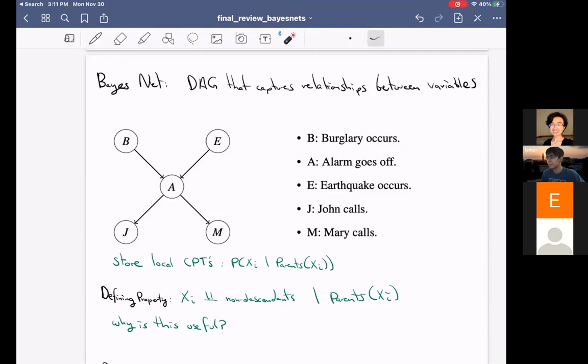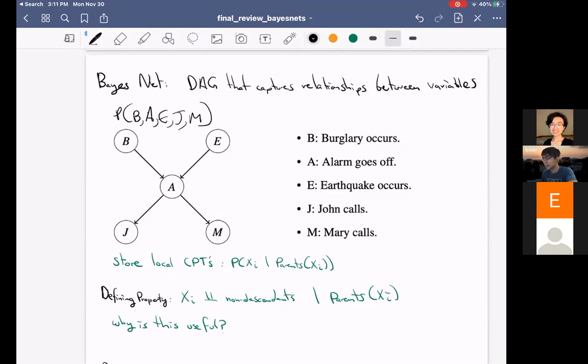The defining feature of a BayesNet is that we're going to be storing local conditional probability tables instead of storing a giant probability distribution. One way to do this would be to store P of B, A, E, J, and M. But that table is going to get larger and larger as you have a lot of variables.